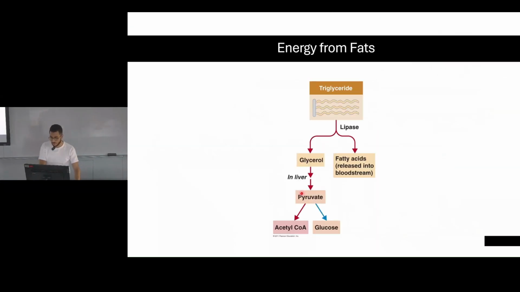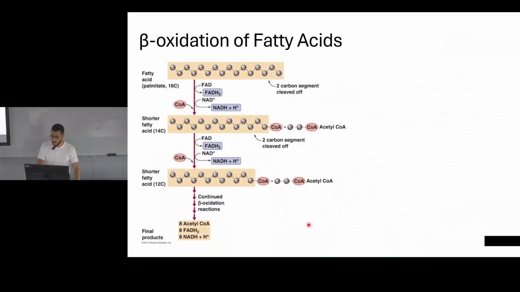Okay, back to this. Let's take an example, for example, palmitate, which has 16 carbons. So this 16 carbon palmitate will be broken down into 2 pieces at a time. The CoA will be added to it.